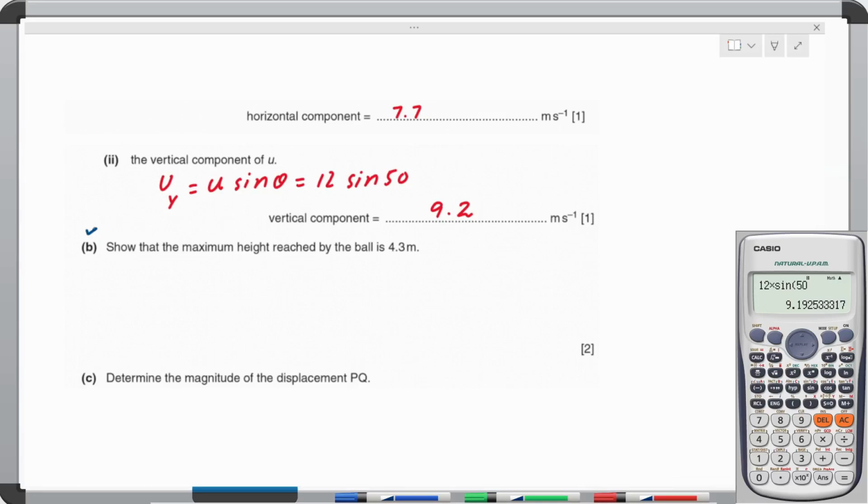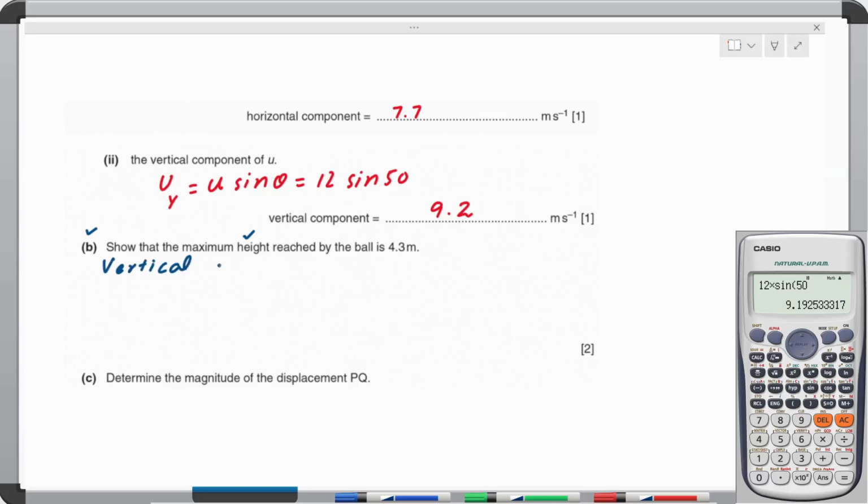Either you deal with the case horizontally or vertically, depending on the situation. Since you have to find the maximum height, you need to consider the vertical motion. Everything that I'll be writing here represents the vertical motion.